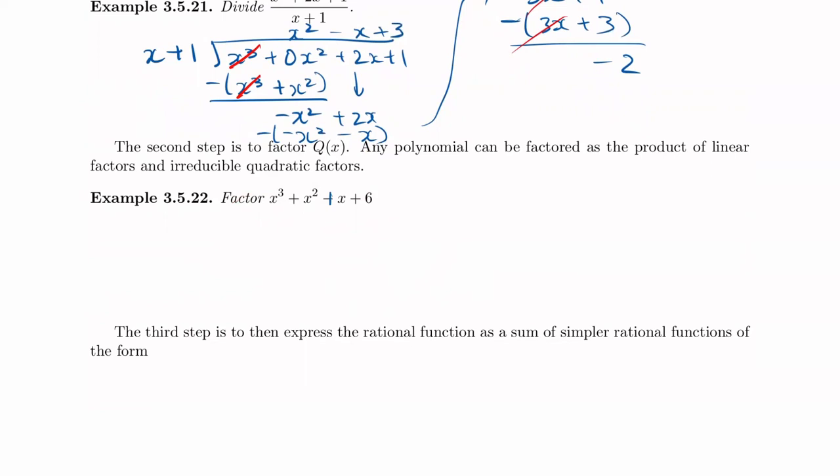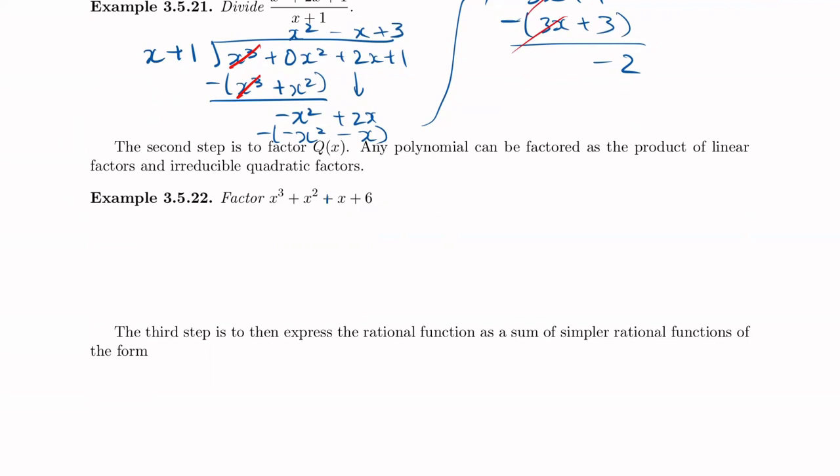So we could first of all group these two terms and these two terms together. So for the first one, we could common factor out the x squared, and we would have the x plus 1 out here. As for the second one, or actually, sorry, no, this is not by grouping. So this one you actually had to do by long division as well.